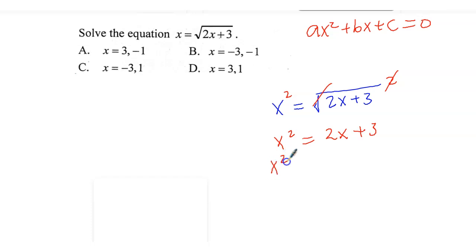We will get x squared minus 2x minus 3 is equal to 0. You have already done this. I know you guys are experts when it comes to this one. Here you take your constant, which is negative 3. You look for numbers that multiply to give you 3. It's just going to be 1 and 3.